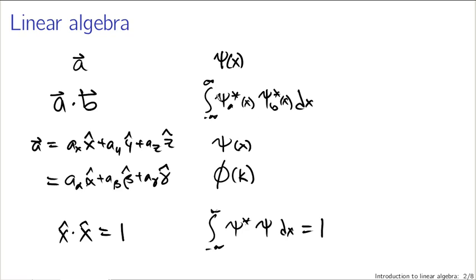Looking at it in terms of the wave function, here we're taking the component of the wave function at some position x, multiplying it by the component of some other wave function at the same position, repeating that over all different positions, and adding up all of those different effective components, position components of the wave function. So there are analogies between linear algebra and quantum mechanics, and they actually end up being very useful.